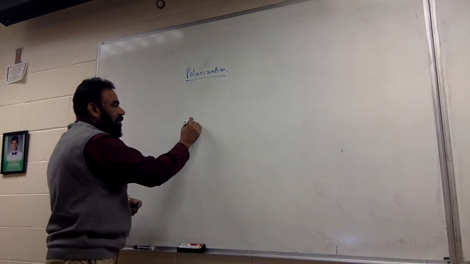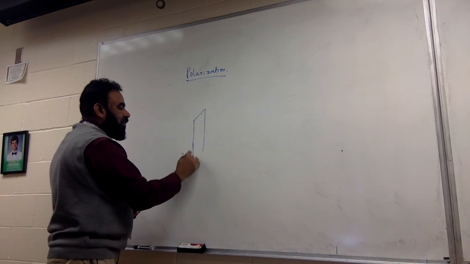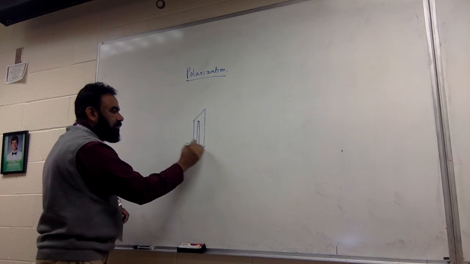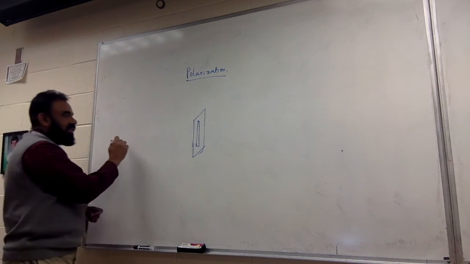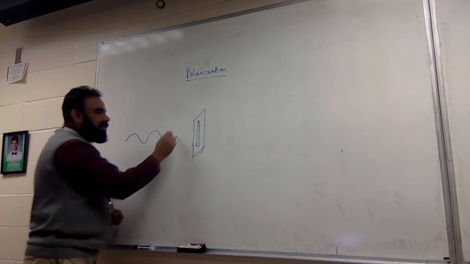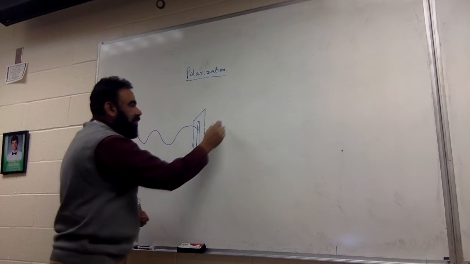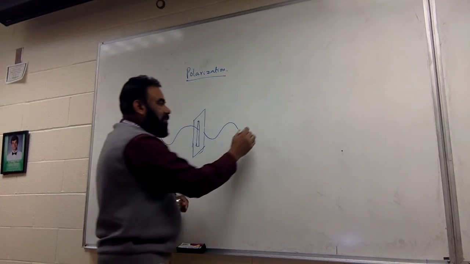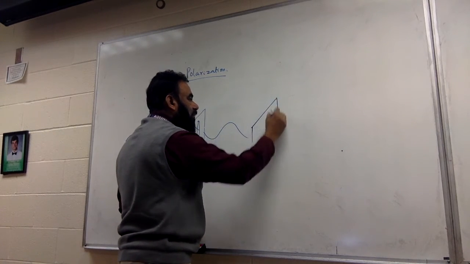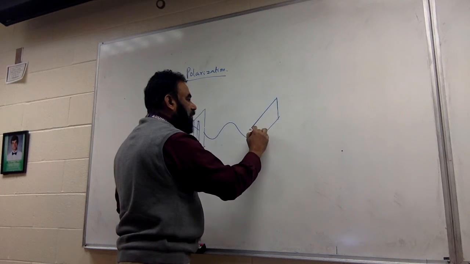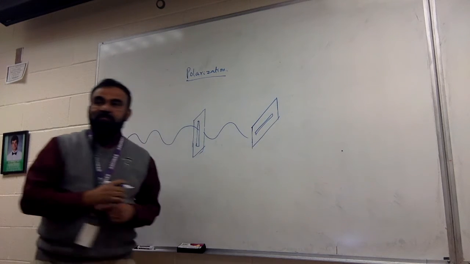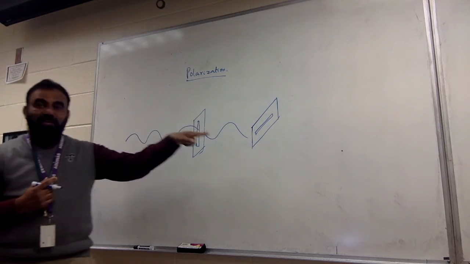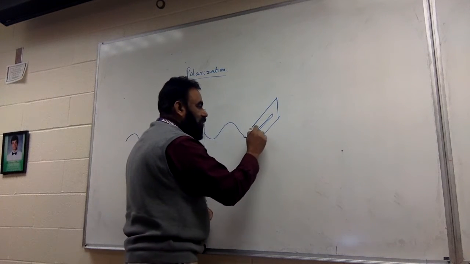Now if I keep a slot like this and let these waves go like that, these are vertical waves going through. And if I keep another Polaroid here that's horizontal, so I've got two Polaroids now, one like this and one like that, what will happen to these waves when they go through?